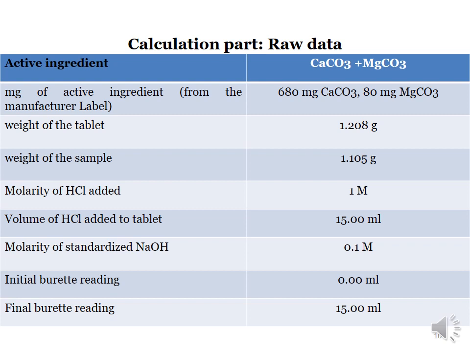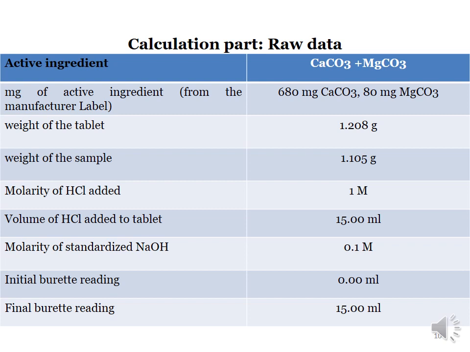The mass of the active ingredient according to the manufacturer label is 680 milligram calcium carbonate plus 80 milligram magnesium carbonate. The weight of the full tablet is 1.208 gram. The weight of the sample we have used is a bit less, 1.105 gram.